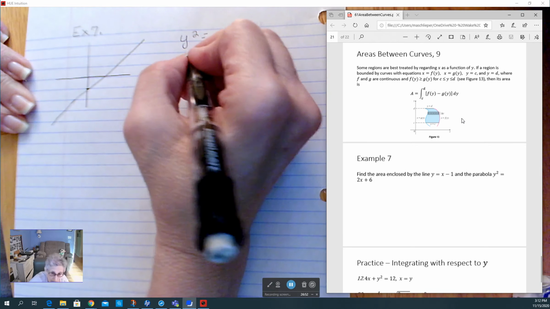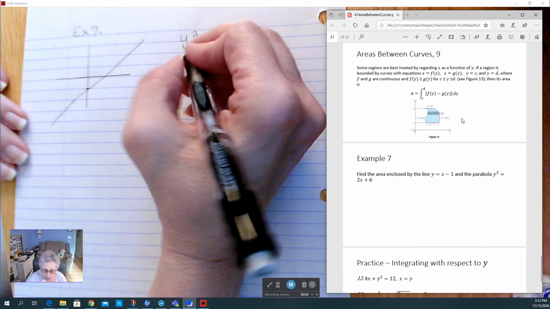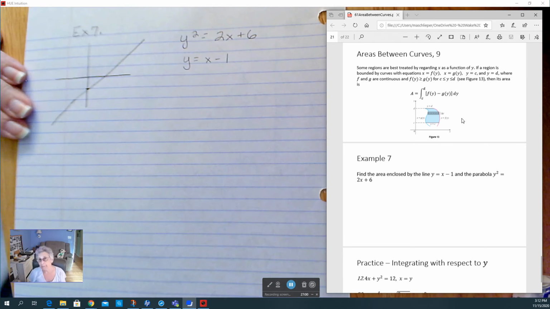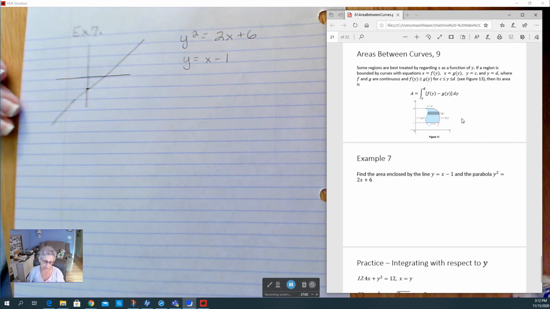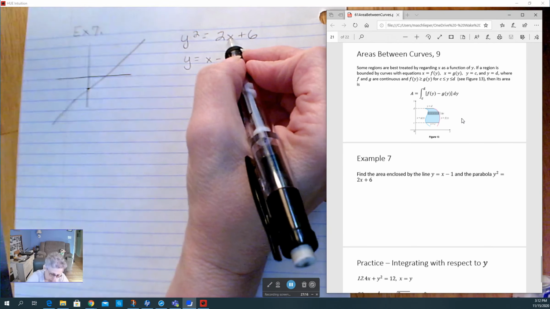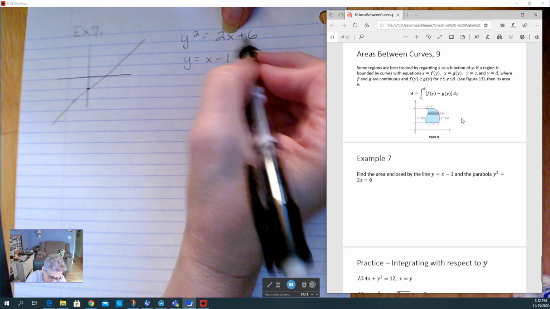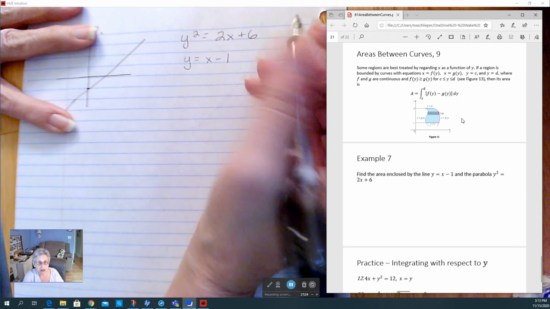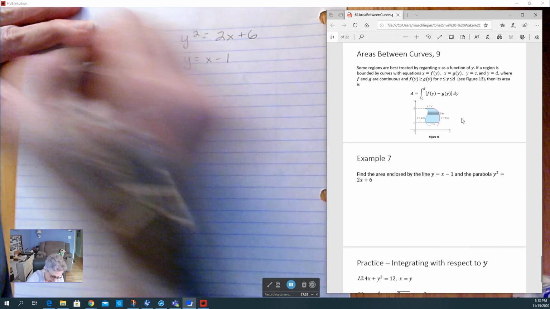Now, you've probably drawn sideways facing parabolas more recently than I have. It's been a while, but I do know that it's opening to the right because I have a positive number sitting next to my y squared. If x is equal to 0, then y squared is equal to 6, so it's going to cross the axes at plus or minus square root of 6, which is somewhere a little bigger than 2.